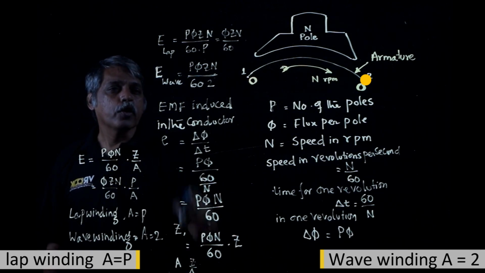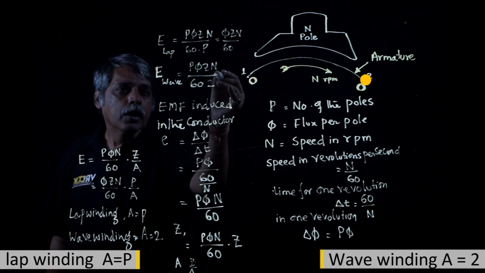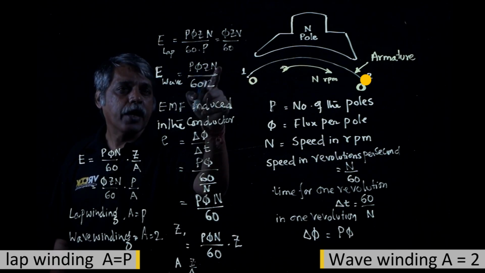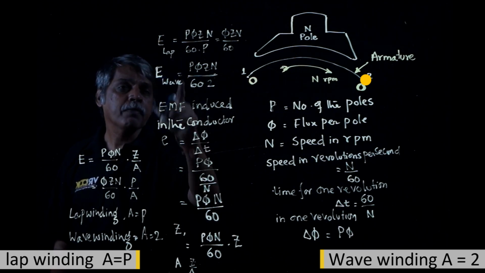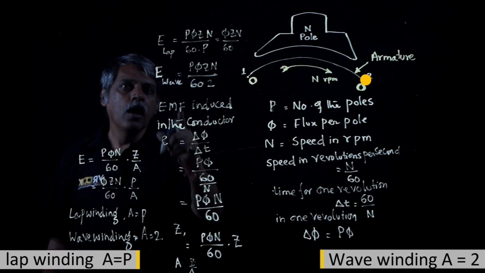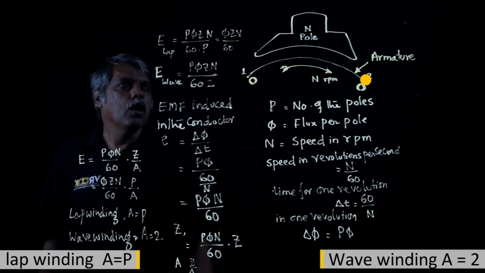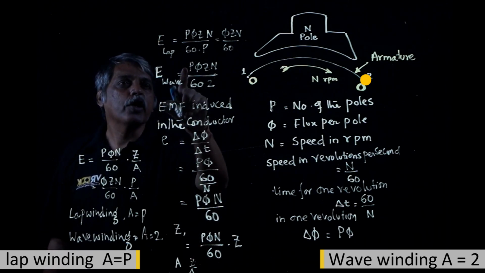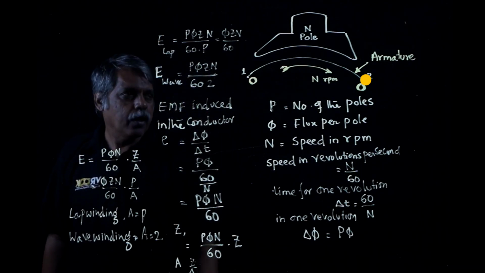If you compare these two equations, the term phi Z N by 60 is the voltage induced for the lap winding. It clearly shows that a wave connected armature for a DC generator will give you more voltage compared to a lap connected armature.